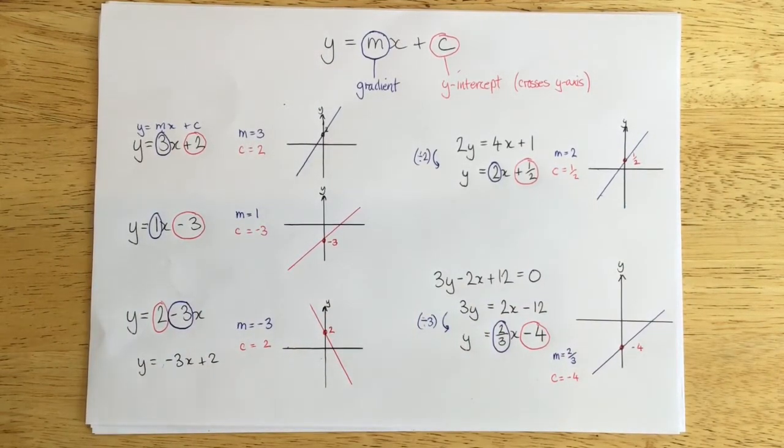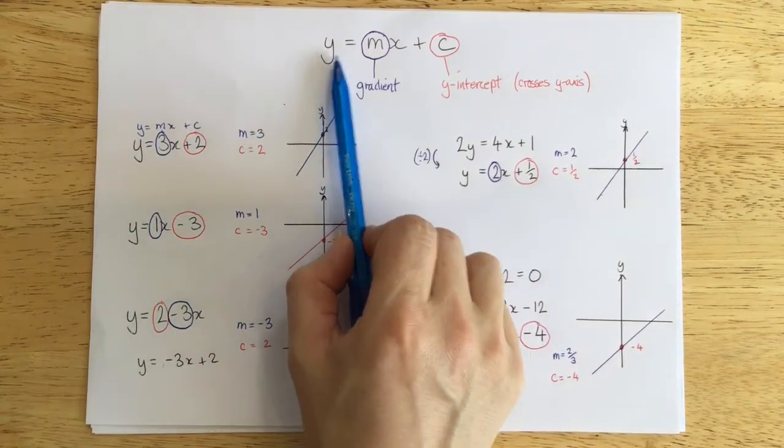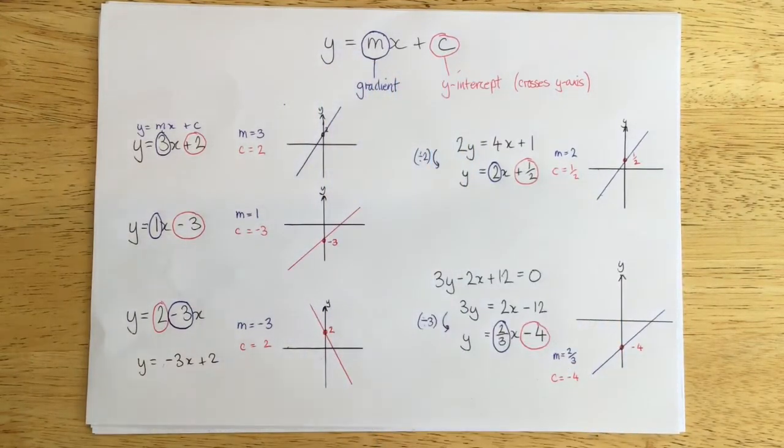And any time we have the equation of a line, we can reorganize it if we need to, and we can write it as y equals so many x plus a number. m is the gradient, c is the y-intercept.